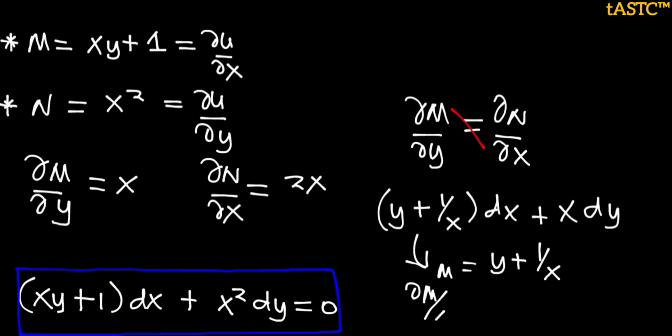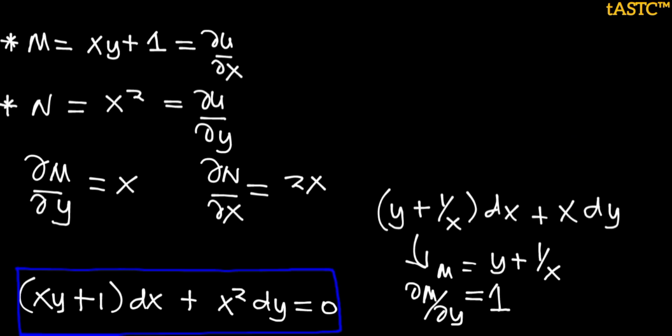If you got a partial m, partial y, that is going to be the derivative of this with respect to y. Now here this is obviously going to be a constant. So the derivative of y, that is a 1. Now if you had a partial n, partial x, because we know from here that n is equal to x, if you wanted to differentiate this with respect to x, that is going to give you 1.